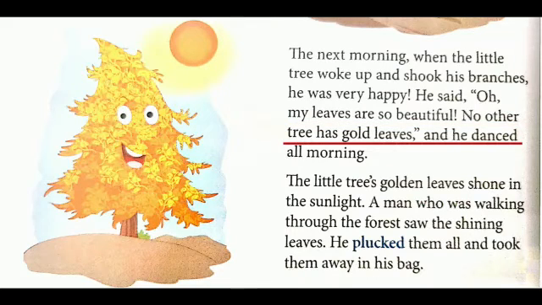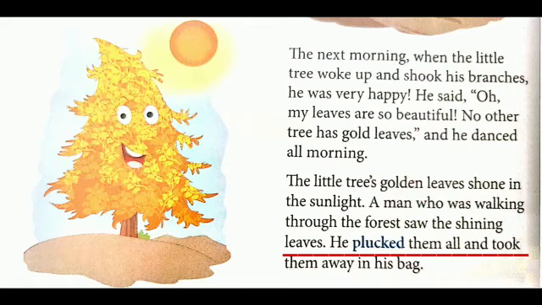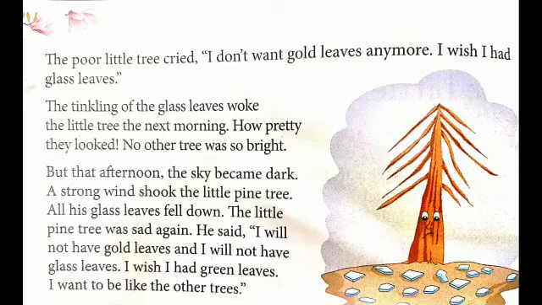No other tree has gold leaves, and he danced all morning. The little tree's golden leaves shone in the sunlight. A man who was walking through the forest saw the shining leaves. He plucked them all and took them away in his bag.